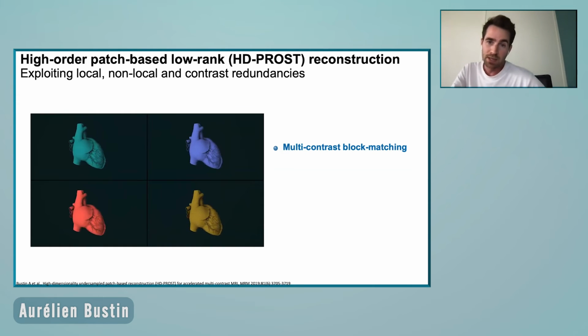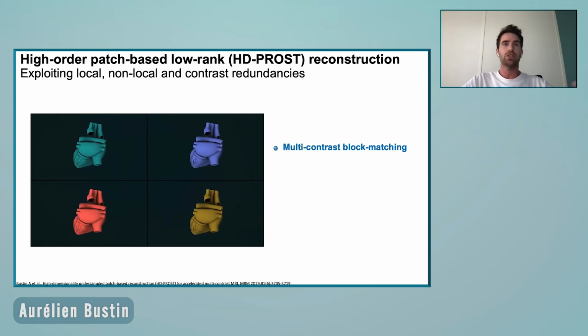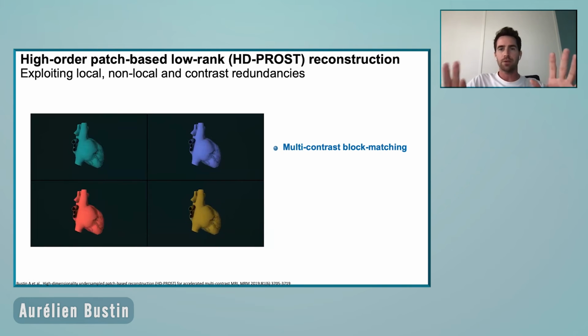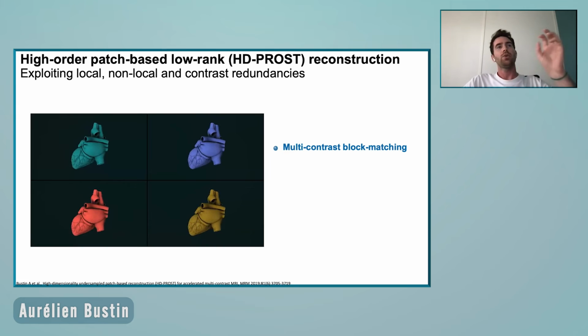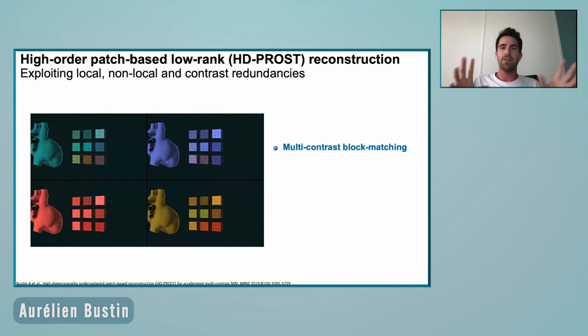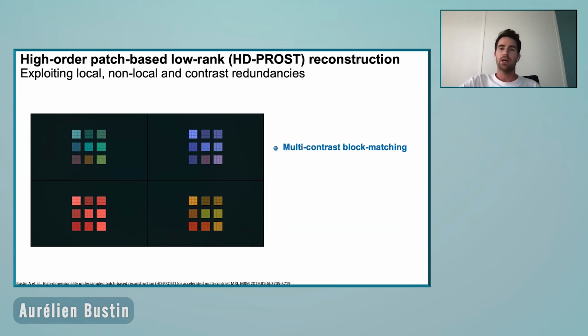So the first step is to find similar patches. Here I'm showing you 4 3D volumes with different contrast. You have your reference patch, and very easily you look for similar patches within the image. And you can do it by measuring distances, using the L2 norm, for example, or using mutual information. Pick the tools that you like.